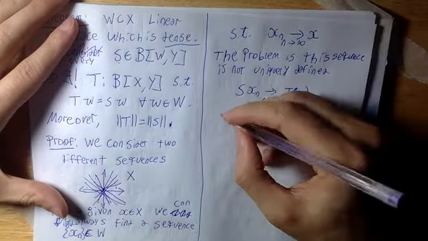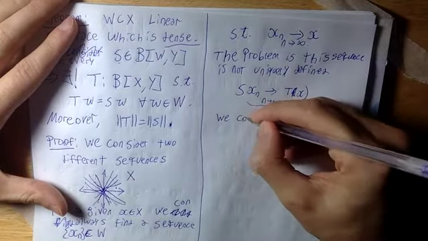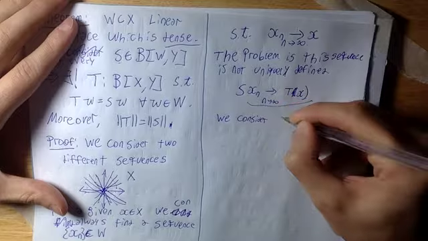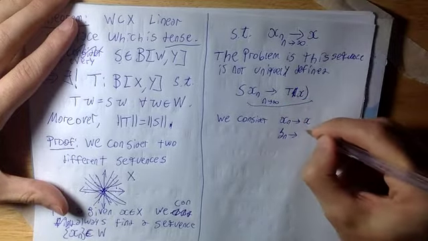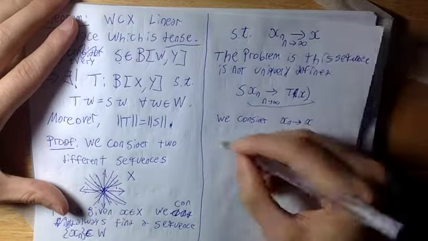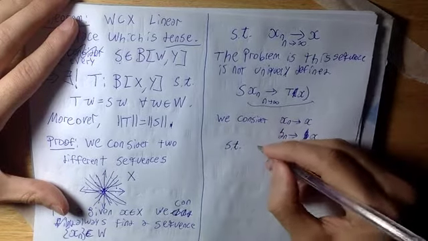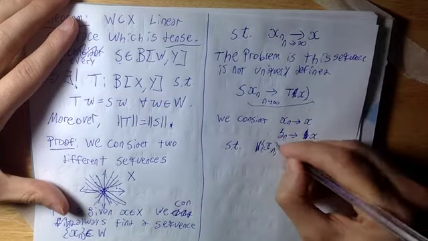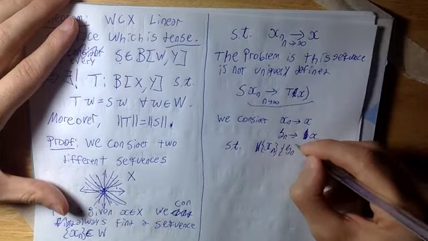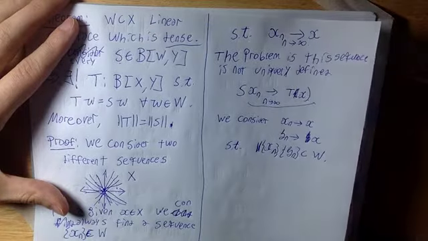So let's say that we consider xn that converges to x and yn that converges to x, such that xn and yn are subsets of W.